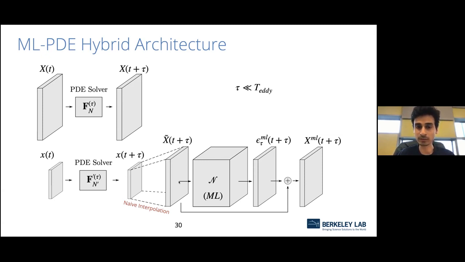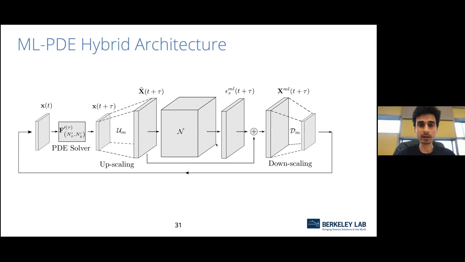So you first naively interpolate it to the required resolution and then use a trained machine learning model to estimate the error in the simulation. The error is basically the difference between x tilde and x, which is what you would have obtained if you had used a high-resolution PD solver instead. And the error is added back to the interpolated fields to give you an ML estimate at t plus tau.